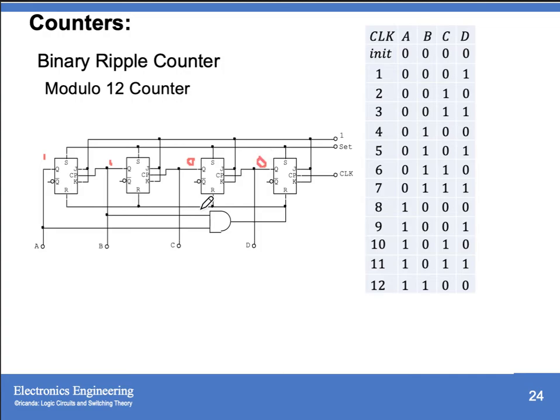So therefore, we have 1 and 1 in your AND gate. So we have a 1 which is connected to all the reset inputs of your JK. So it means that at 12, it will go back to 0.